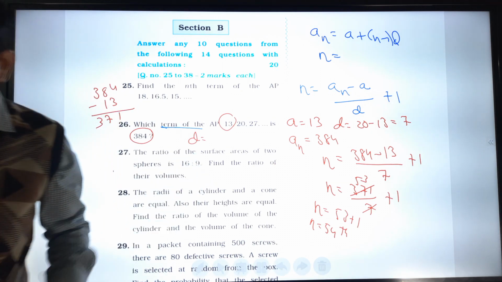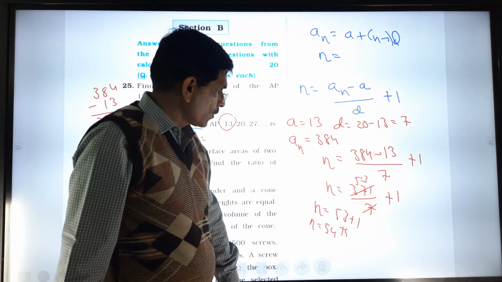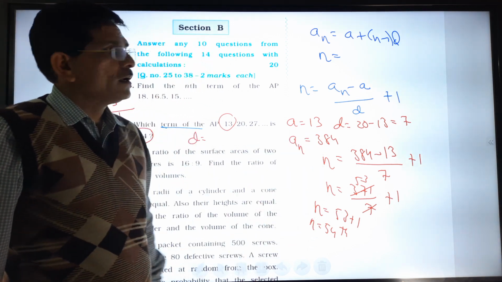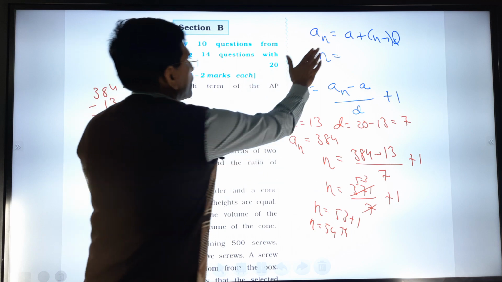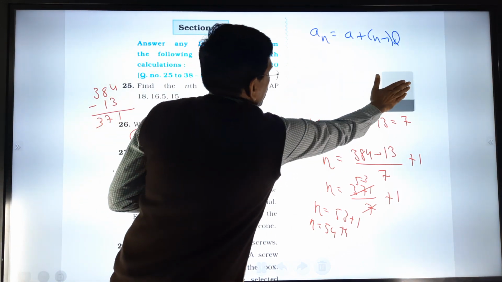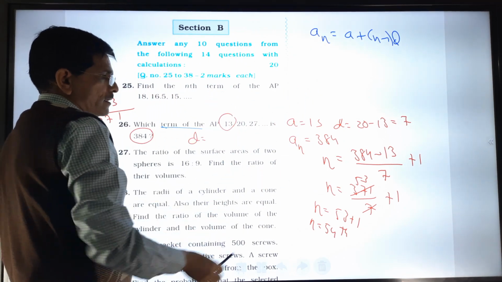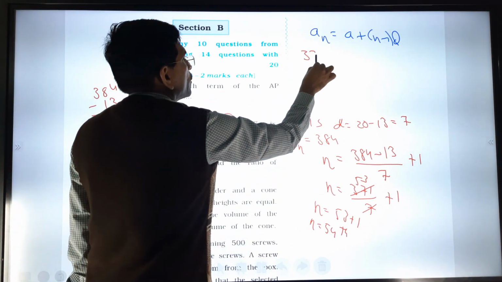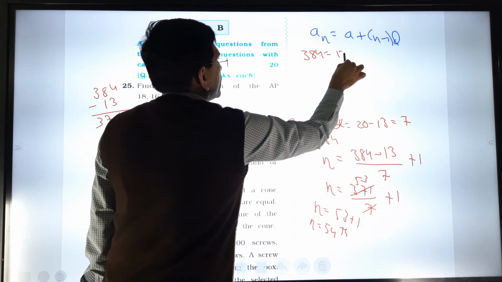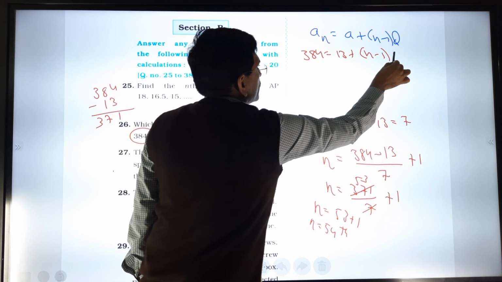I hope you have written this also. So 54. That way we can solve. Or if you put it in the above formula, again we get the same answer. So I have to put here 384, here 13, and minus 1 into 7.